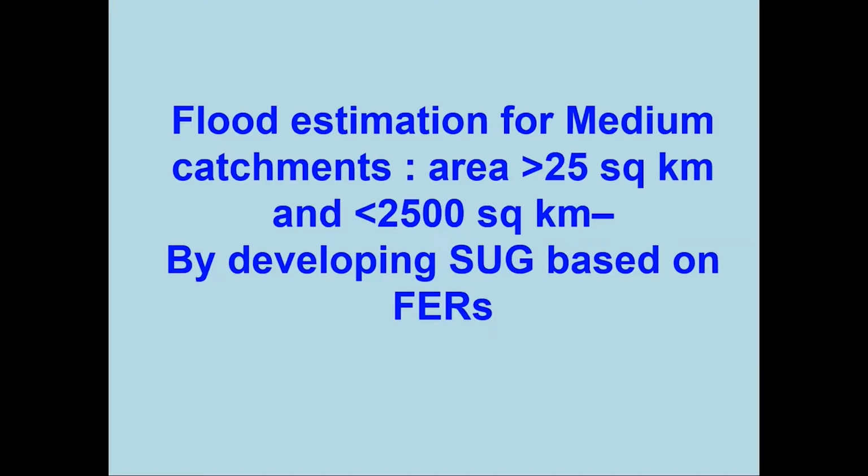Just for your information, when you go to different subzones, you will see the reports of those subzones. You will find that in certain subzones, this 2500 square kilometer limit, they have said that you can go up to 3000 square kilometer, you can go up to 5000 square kilometer.